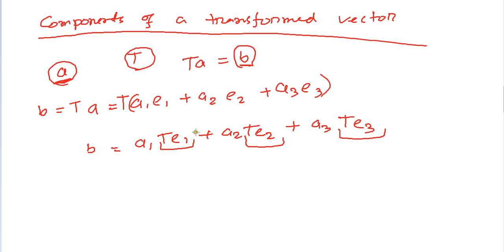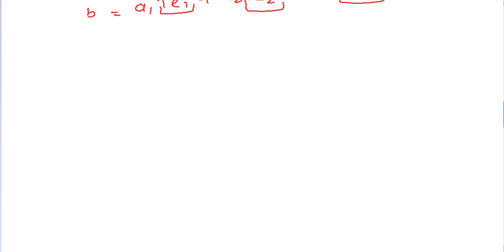If we can find TE1, TE2 and TE3, then we can find the components of B. So how do we write B? B equals B1 E1 plus B2 E2 plus B3 E3, so B1 equals B dot E1. What is B? B is nothing but this whole term.